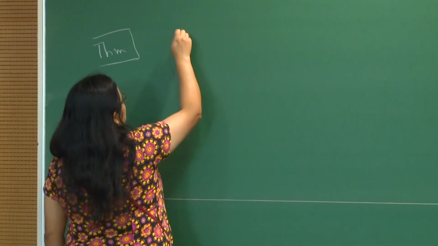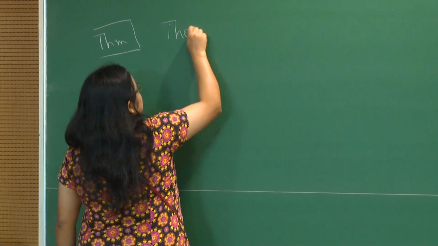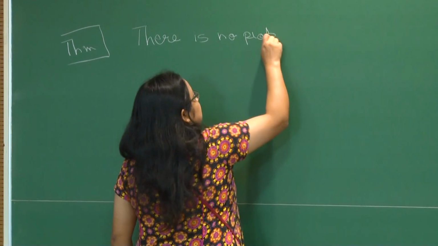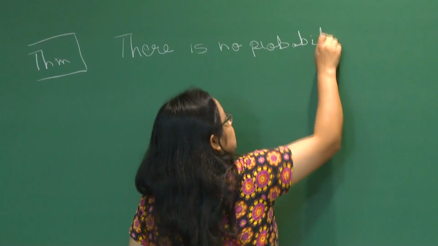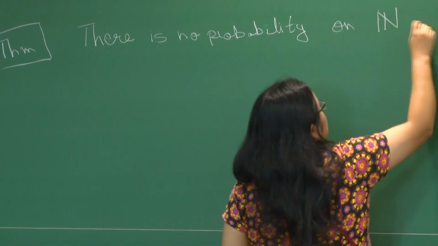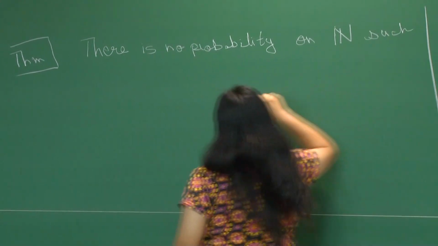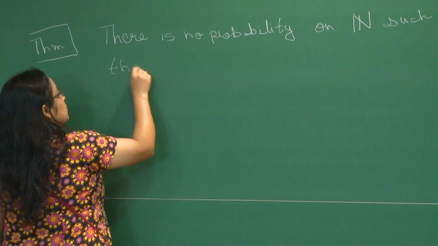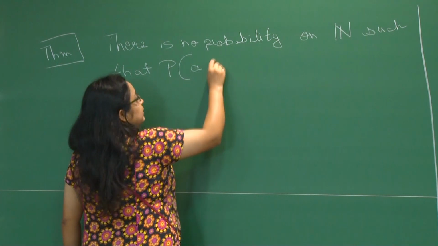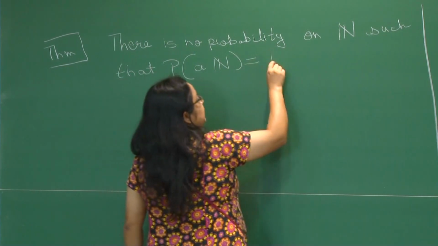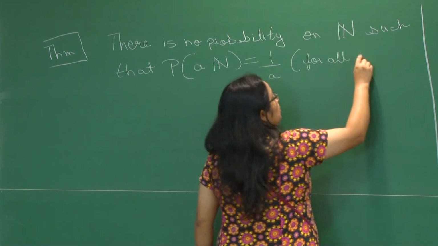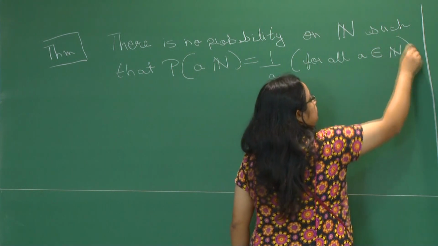We want to show that there is no probability law on N such that P of aN is equal to 1 by a for all a in N.